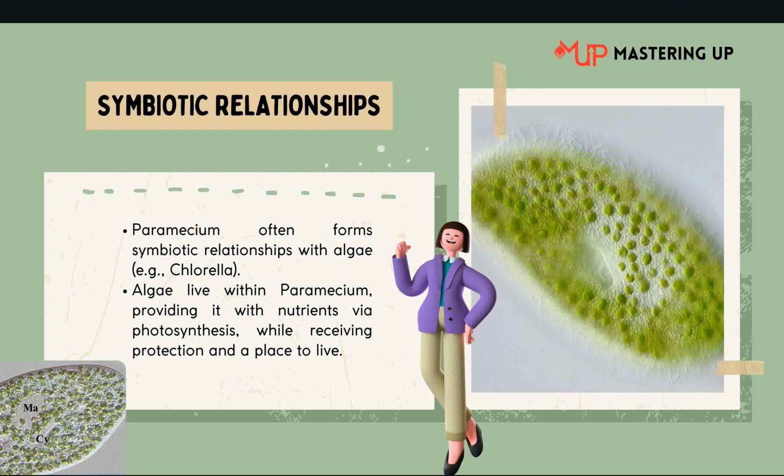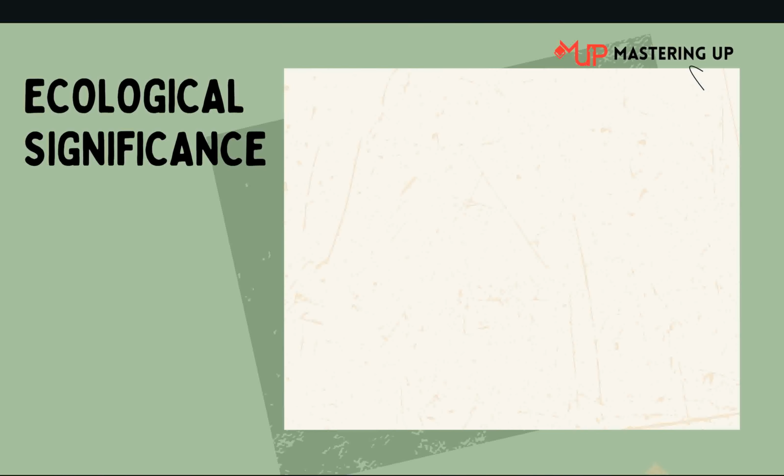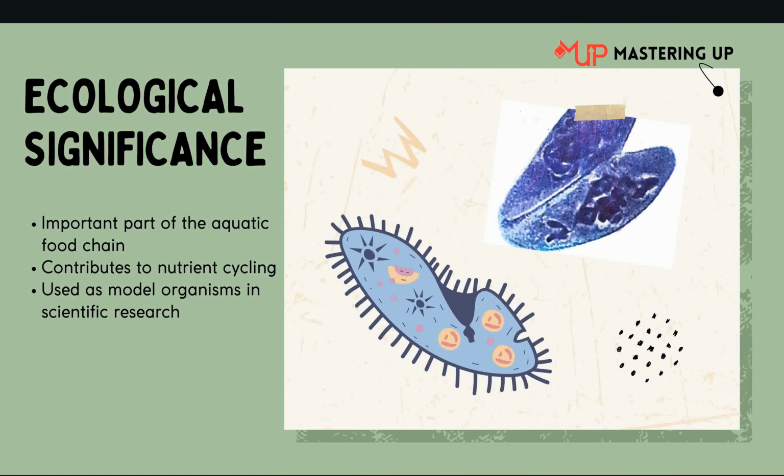You can see the image with algae living within paramecium. Now let's see the ecological significance. Paramecia are an important part of the aquatic food chain. They contribute to nutrient cycling and they are also used as model organisms in scientific research.